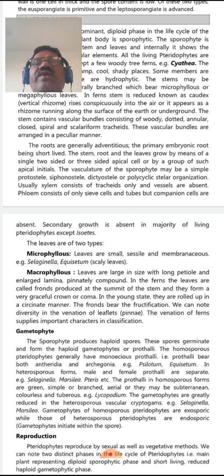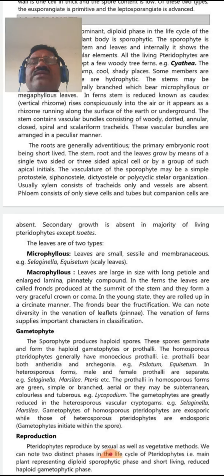The vascular system of the sporophyte may be simple protostele, siphonostele, dictyostele, or polycyclic stellar organization.